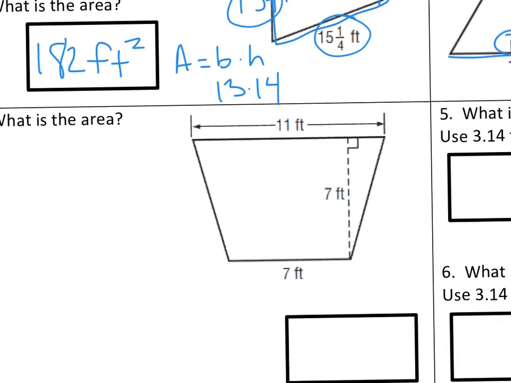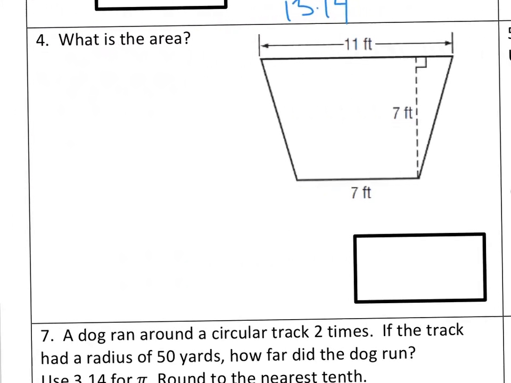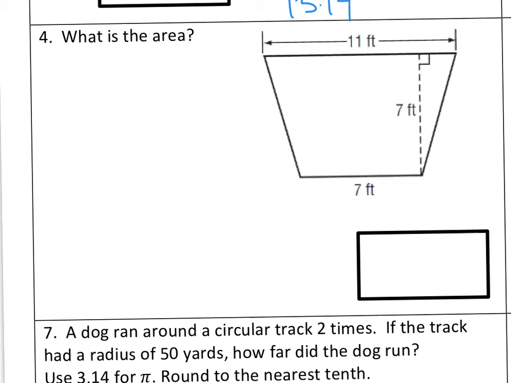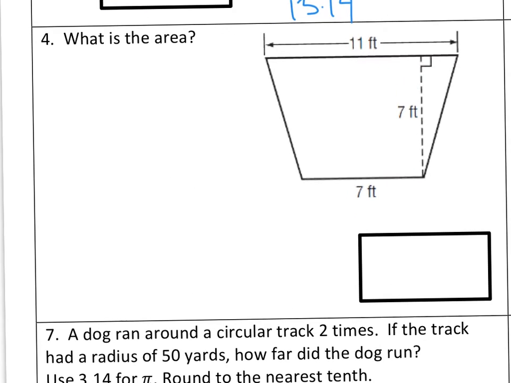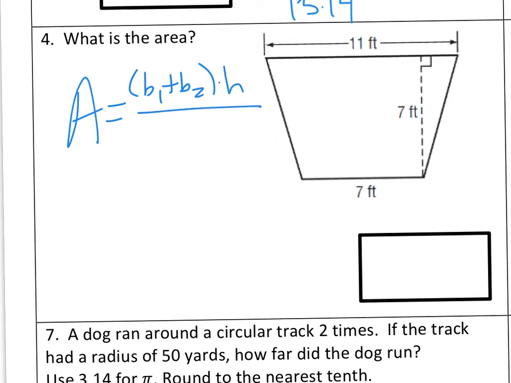Alright, let's take a look at number 4. What is the area of this trapezoid? Well, here's the formula for a trapezoid. It is, take your bases and add them up, base 1 and base 2. Those are the parallel lines. Multiply by the height and divide that by 2. So let's find our bases. Our bases are 11 feet and 7 feet. Again, those are the parallel lines. So we take and plug into our formula.